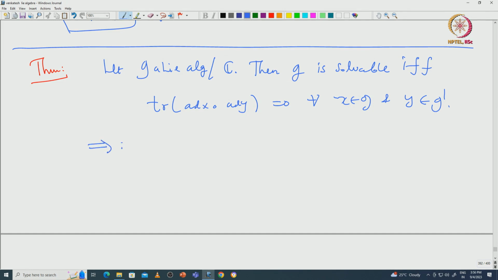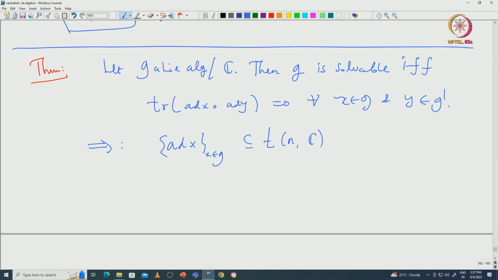We already proved one direction: if G is solvable, then using Lie's theorem you can prove that there exists a basis with respect to which the elements ad x, x in G, all sit inside the upper triangular matrices.